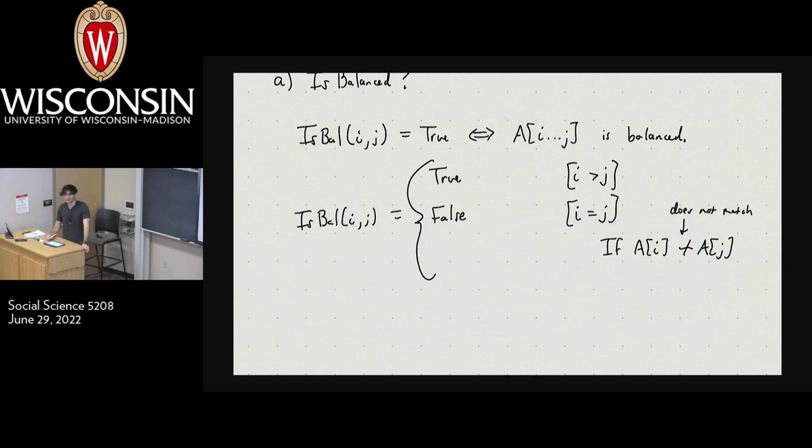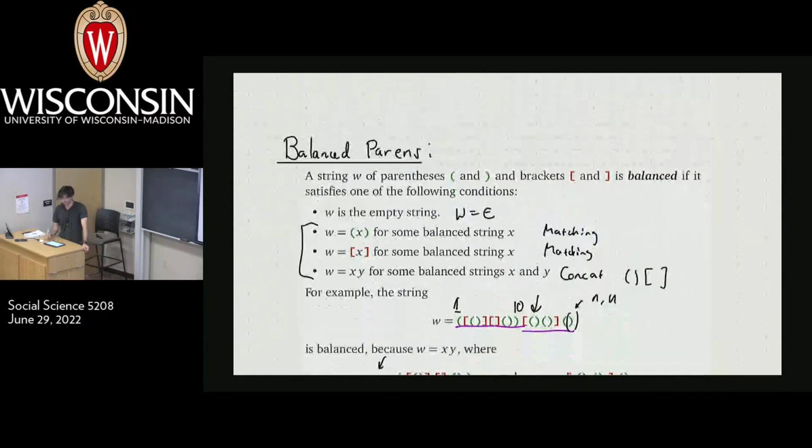Yes. Why is i equals j false? Because that means you have a single character. But isn't that fine? You could have like the letter A and then the empty string. No. This is the definition of balanced string. If you had just a single character, that means you have a left paren or a left bracket, and it has no matching right paren or right bracket. Like a single left paren is not matching.